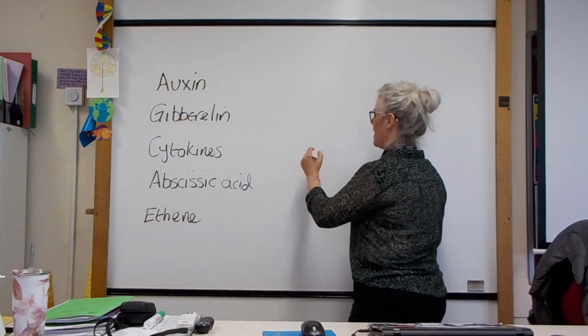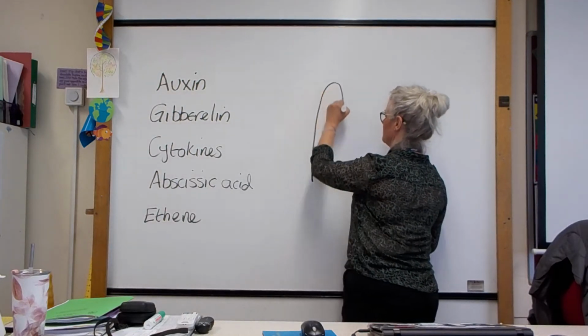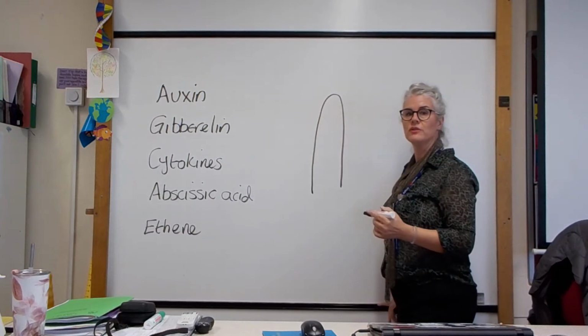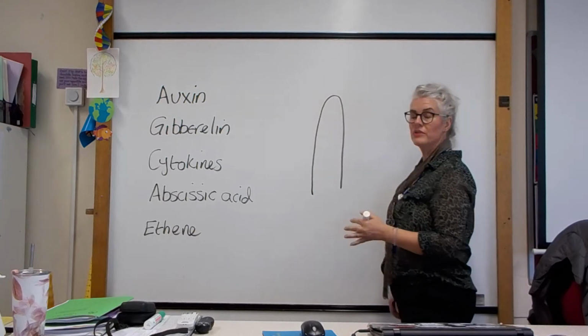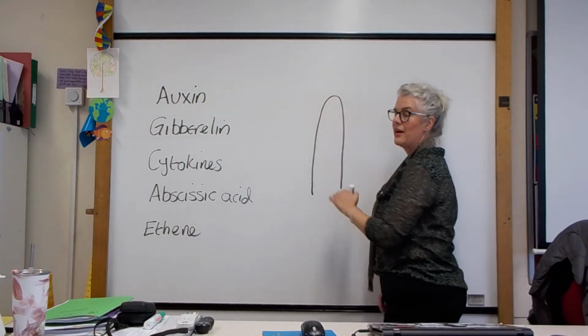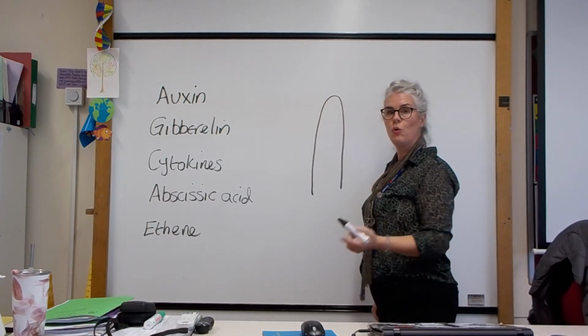towards. So if we have a look in a shoot, in the very tip of a shoot, you have cells that are receptive to light. So they will detect the direction of the light. But just behind that, you have some cells that produce auxin.